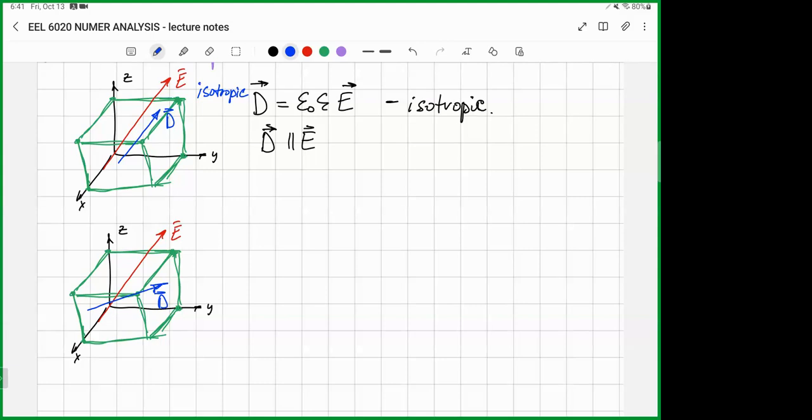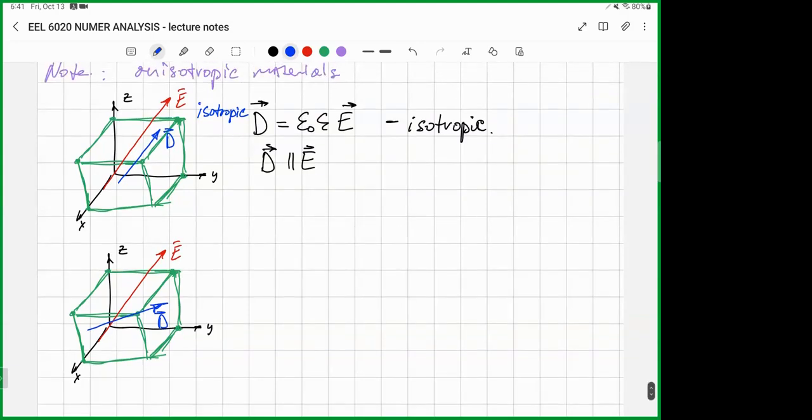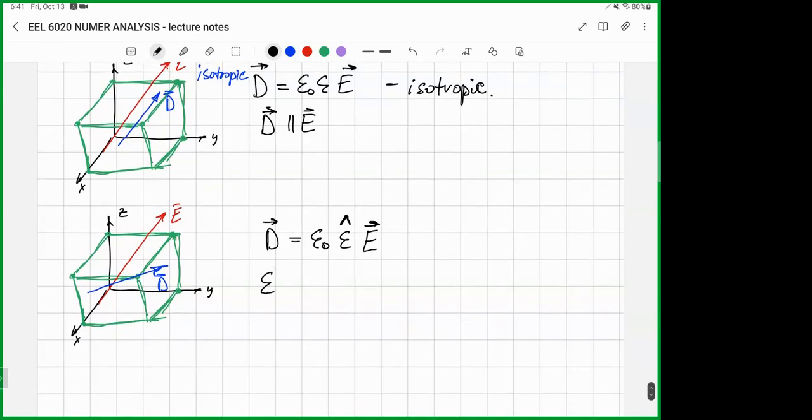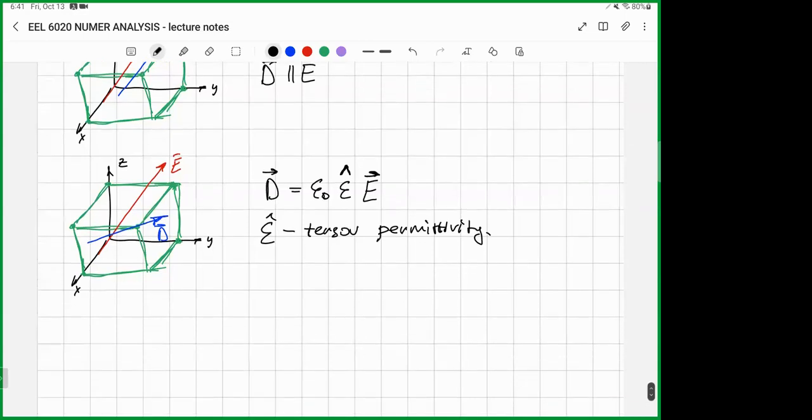Okay, so it turns out that in this case, this dielectric permittivity must be promoted to the tensor. I write tensor with this hat on top. So this is tensor now, epsilon, tensor permittivity. So what is tensor permittivity?